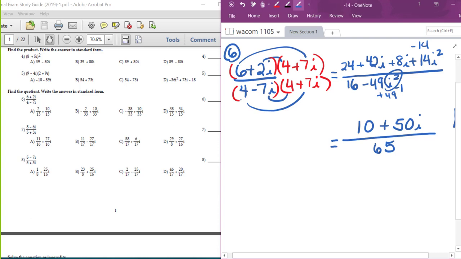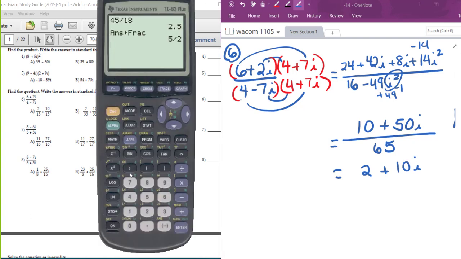And when we look at the answers, we see that this is split to standard form. We could go ahead and reduce first if we want to. There is a common factor of 5 in all the pieces. So that would be okay to do. 5 will go into 10 2 times, 5 will go into 50 10 times, and 5 into 65 13.